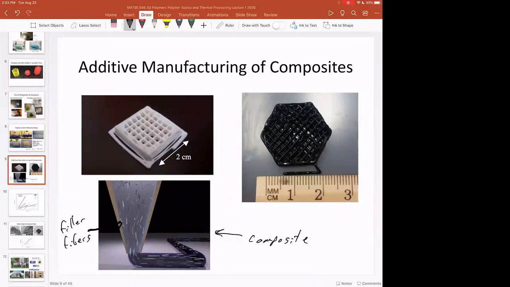What's cool about this picture is that you see these are unoriented filler. The filler is anisotropic, which means it has an aspect ratio. So these are filler fibers that are anisotropic.